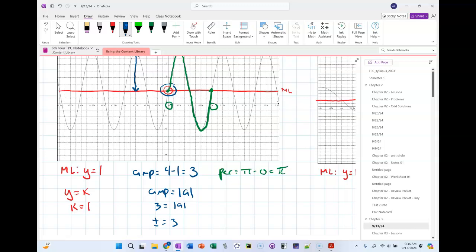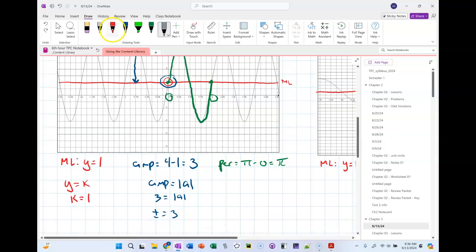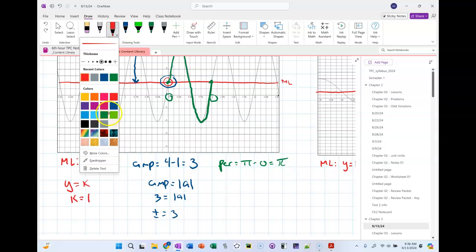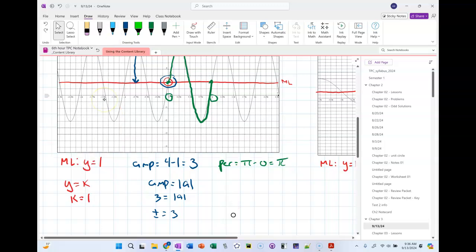To figure this out, I'm going to look at x equals 0. So I'm going to look at what's happening at x equals 0. If I look at my graph, I'm crossing the midline.